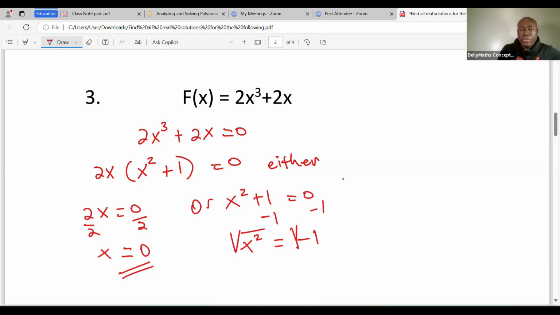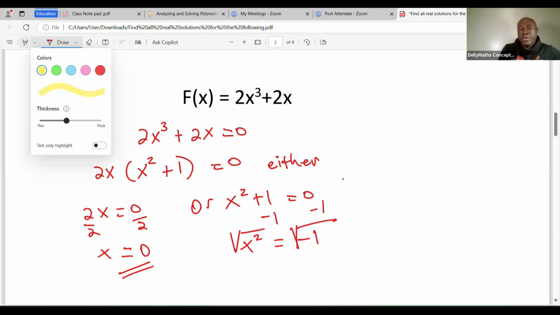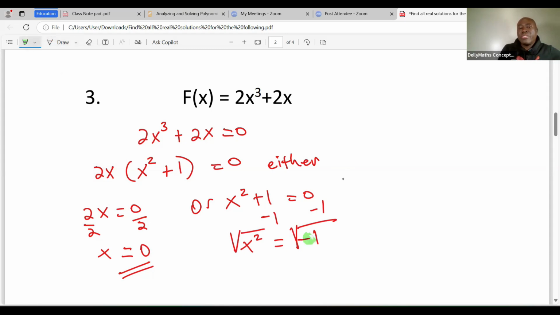When I do this though, the moment I drop this, I realize that we can't take the square root of a negative number to get a real solution. And remember that initially we're trying to find real solutions. This would be an imaginary solution. So guess what?